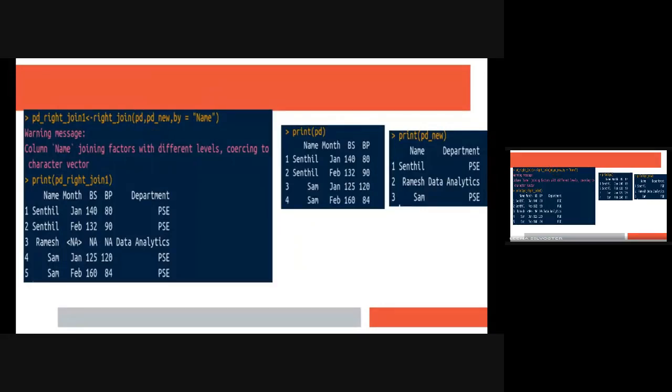This database is PD and this is PD new. So we will be comparing the names of PD with this one. At that time, you have to add the Ramesh value. Ramesh value is added as the third row. But we don't know the month or BS or BP of Ramesh. So it is written as NA.